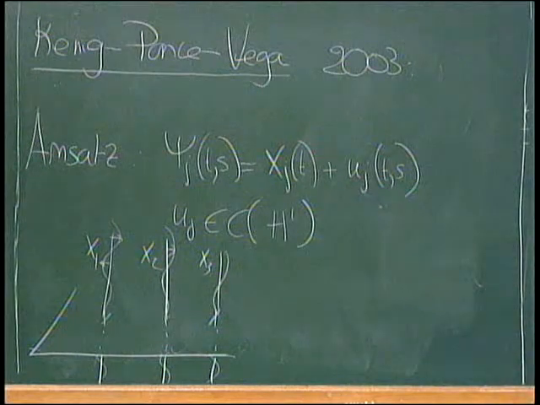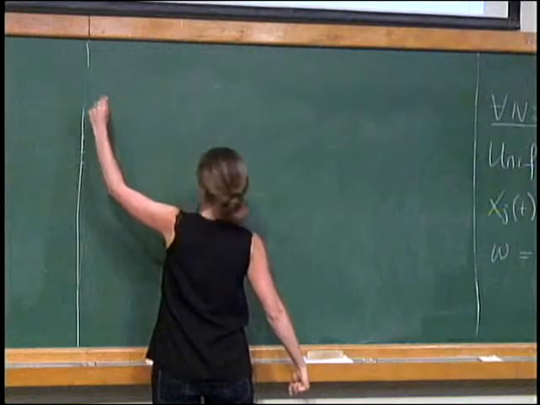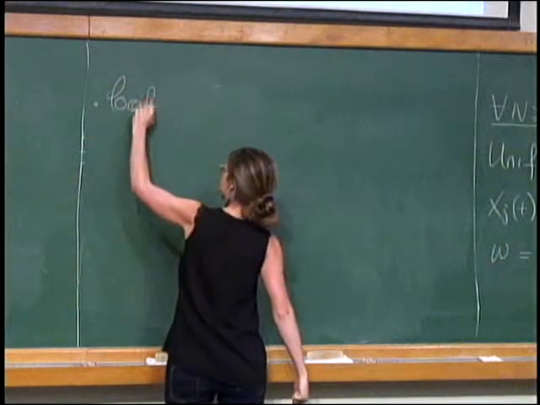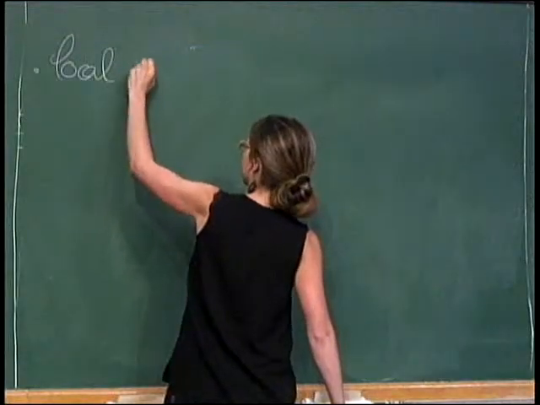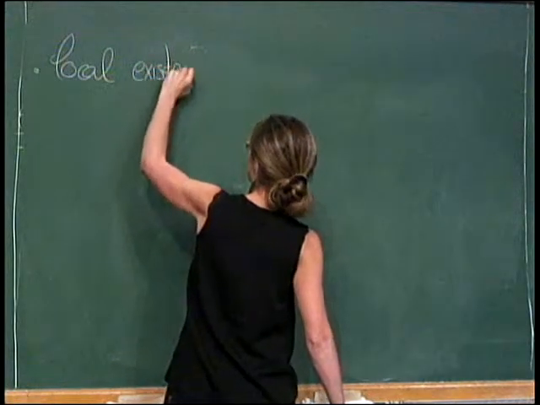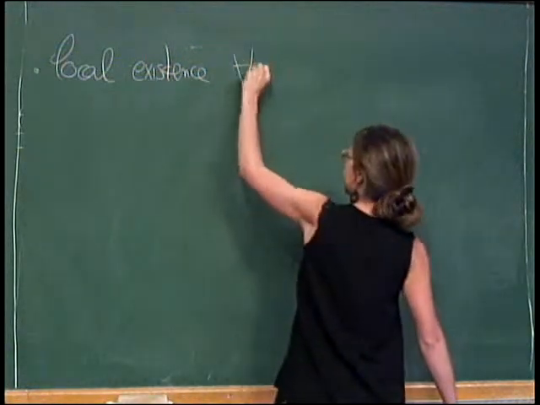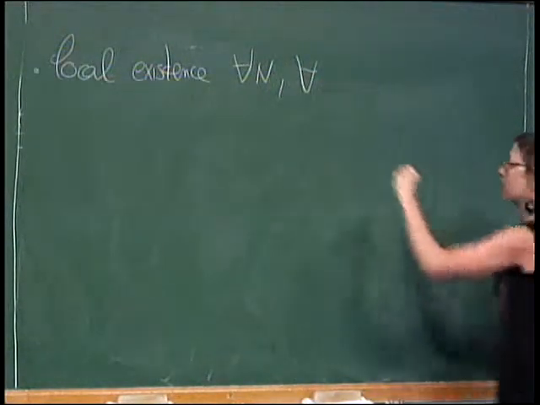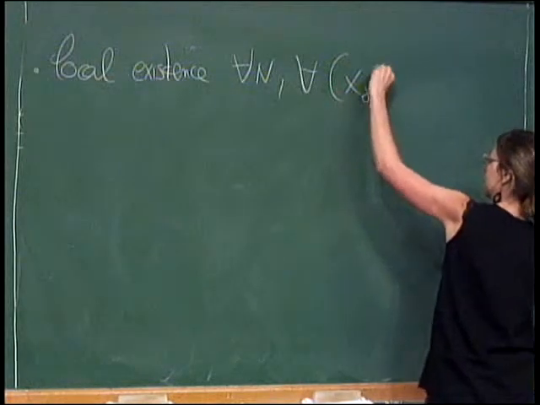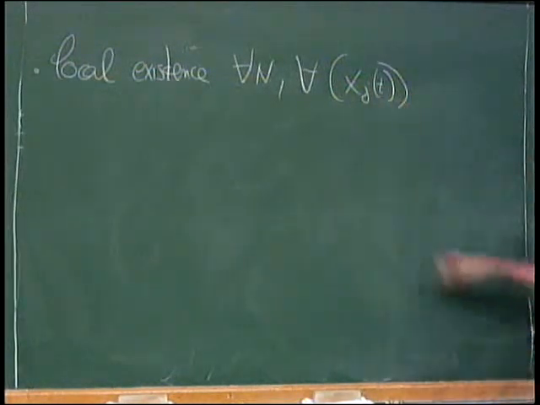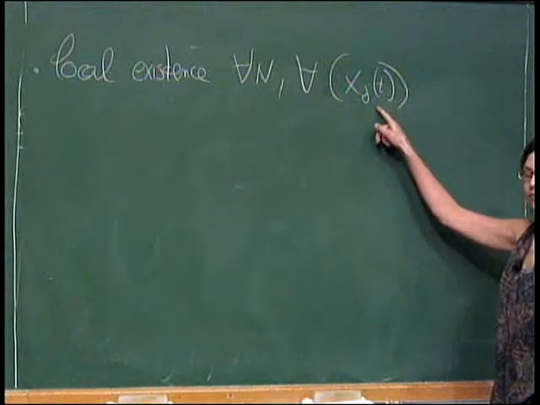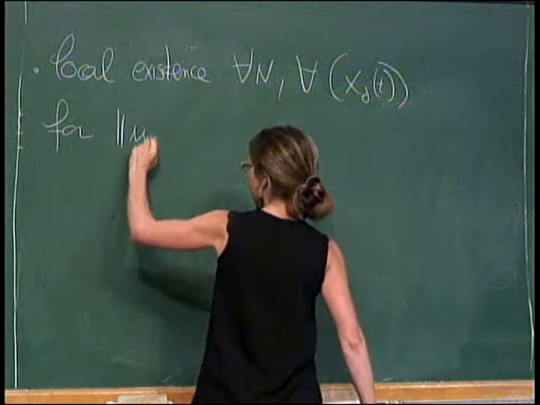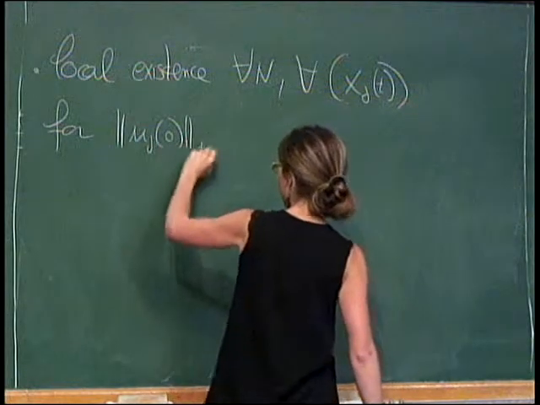And they obtained, in particular, local in time existence for all n and for all collection of straight filaments xj, as long as this solution is well defined, and for an initial perturbation sufficiently small in H1.